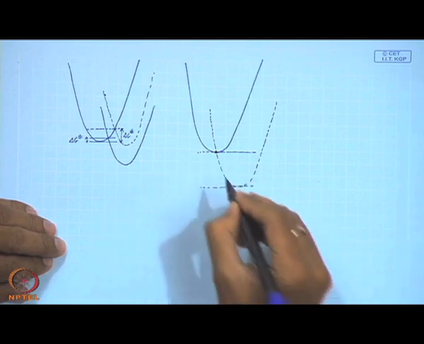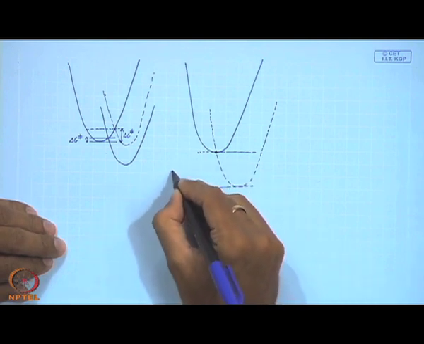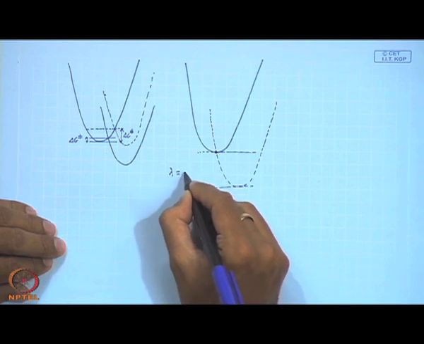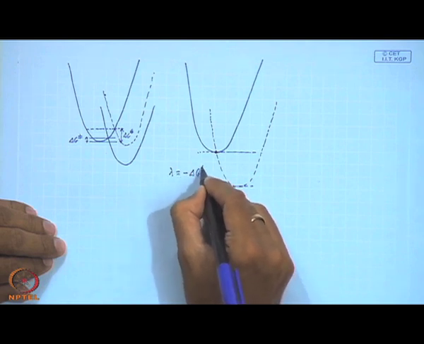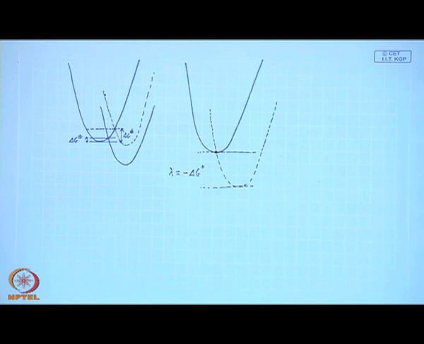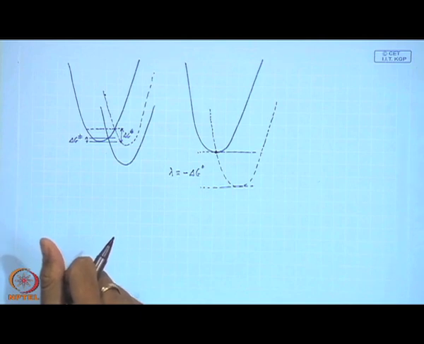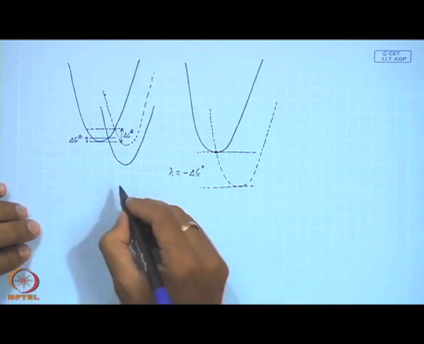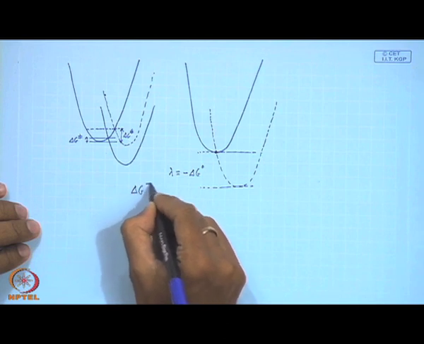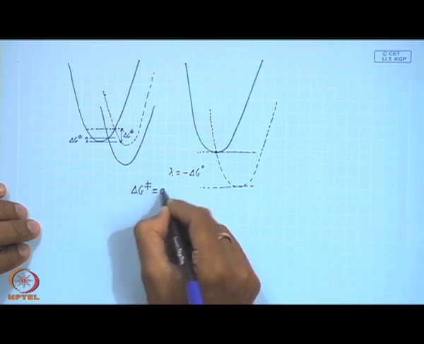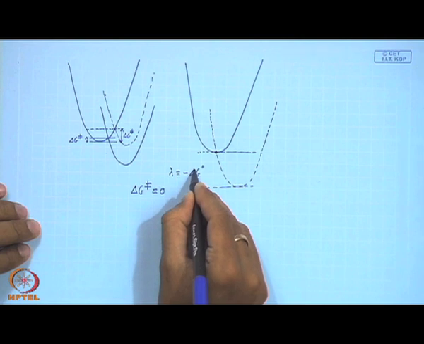So, in that case you have lambda is equal to minus delta G 0. Okay, it is an activation less, activation free situation. So that your delta G double dagger is equal to 0 and lambda equal to minus delta G.